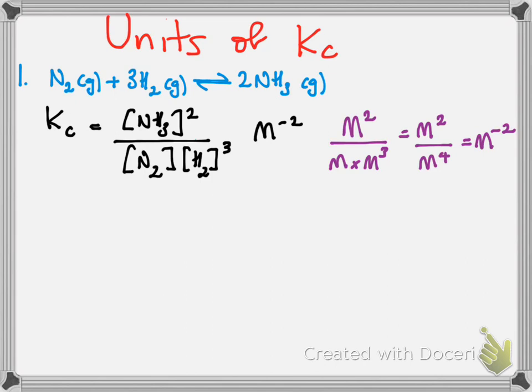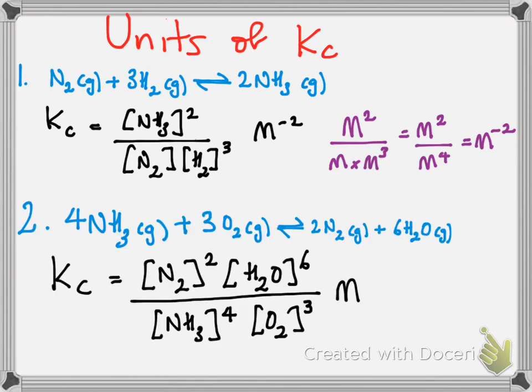Note the unit will depend on the actual reaction. So for example, here's another one. Note this time, when you put the whole expression in, the unit is just M. It doesn't have a number, i.e. it's raised to the power of 1, i.e. M to the 8 divided by M to the power of 7 equals just M.